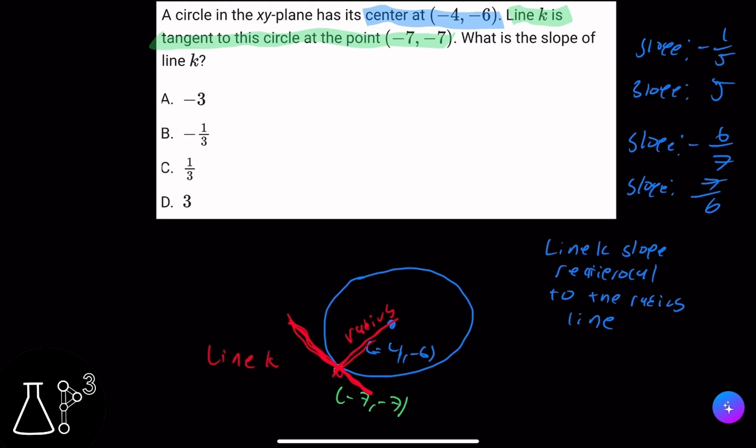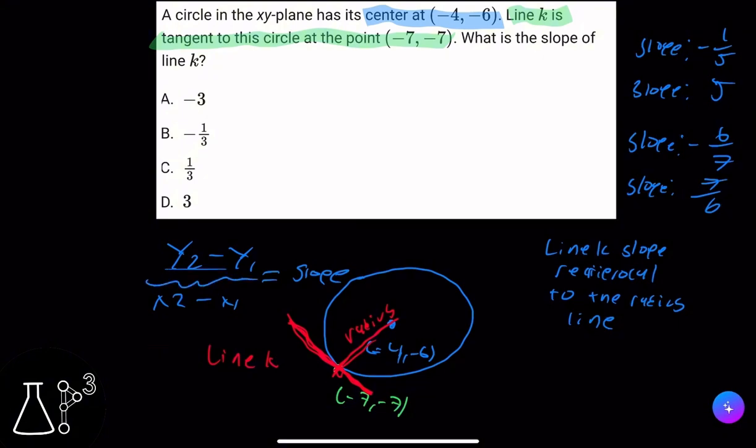So now what we want to do is look for the slope of the radius to find the reciprocal for line K. And as we can see, we're given 2 points. So we can use the slope formula, which is y2 minus y1 over x2 minus x1, to look for slope.